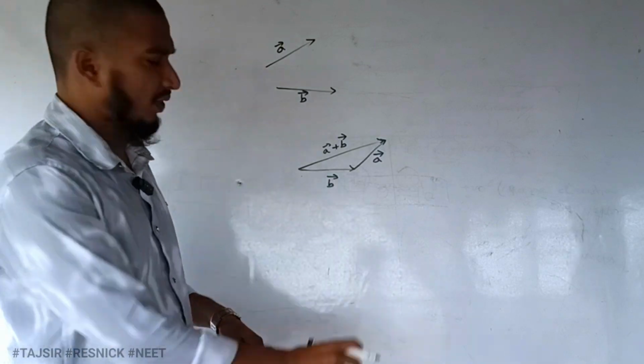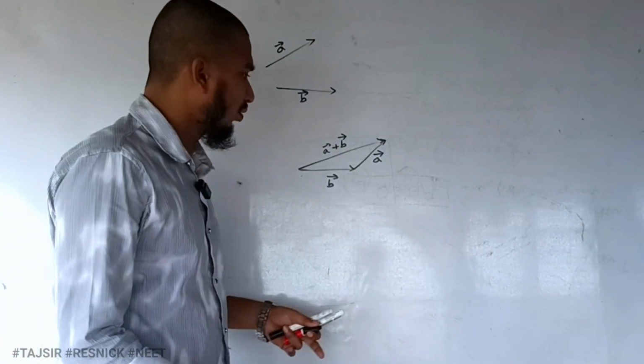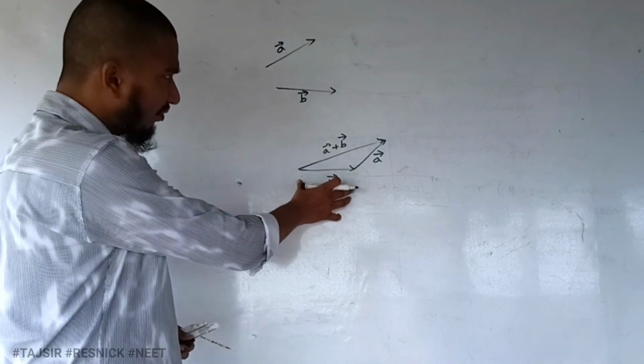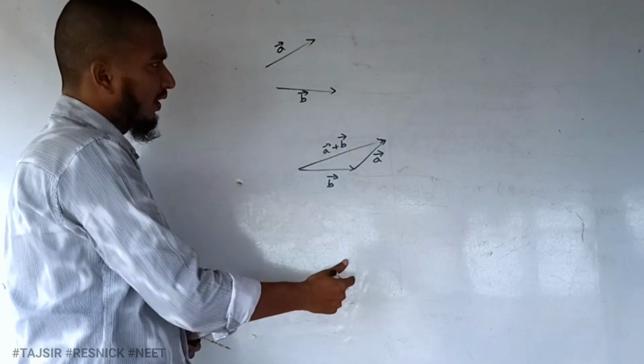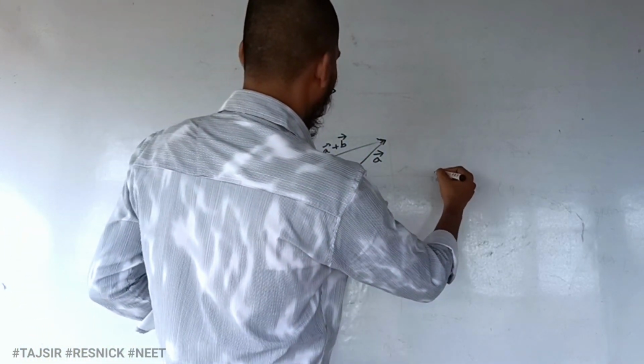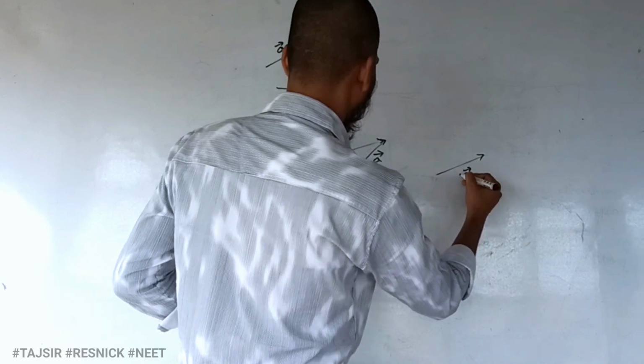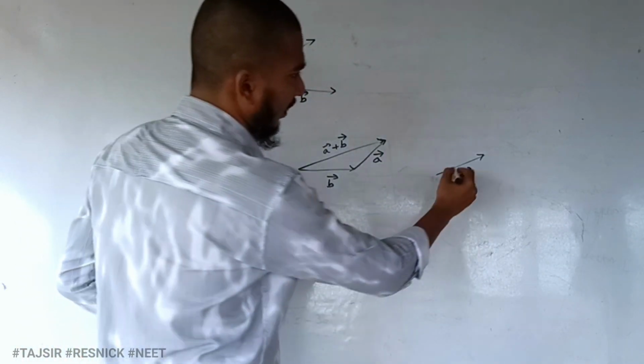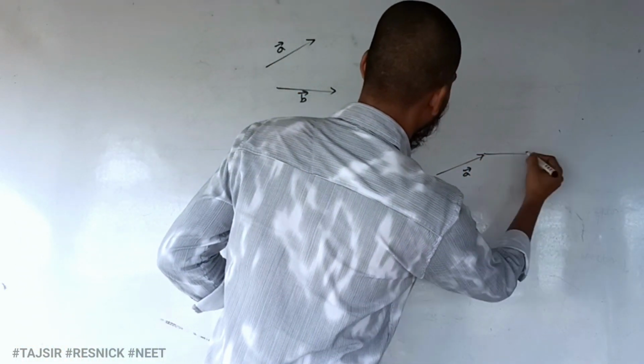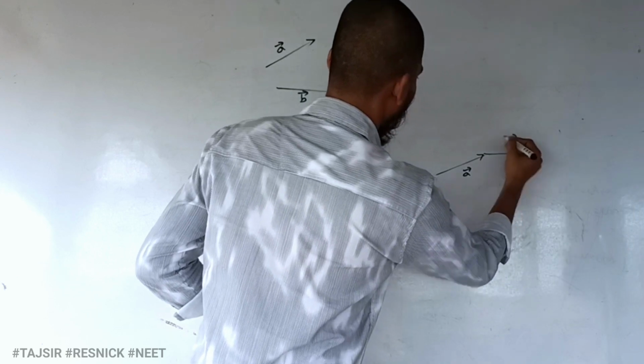And remember, this addition can be performed in any order. For example, I have taken B first. In the same way, we can take vector A first and then vector B, like this.